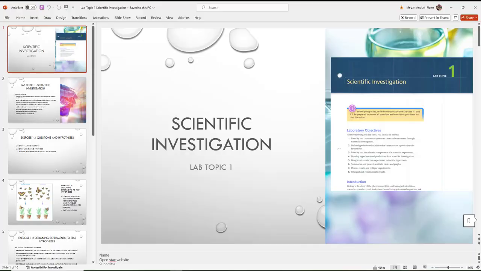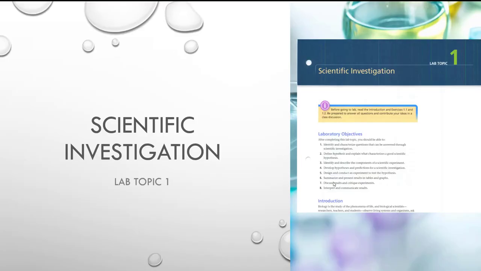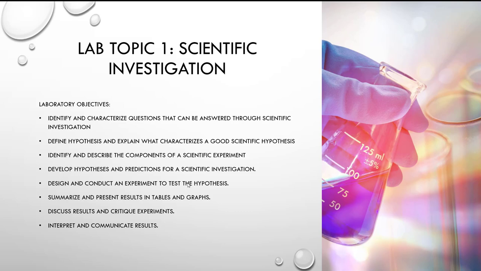So let's go ahead and take a look at our lab. This is what it looks like when you open up your lab manual. Lab topic number 1, and it's a scientific investigation. By the end of this lab, you should be able to identify and characterize questions that can be answered through scientific investigation.